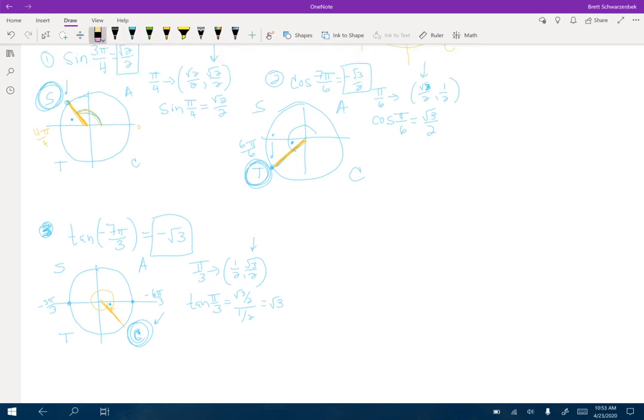All right, so let's try an inverse trig function just to make sure all is good here. So say we did the cosecant of negative, let's do negative 11 pi over 6. All right, so what does that look like?